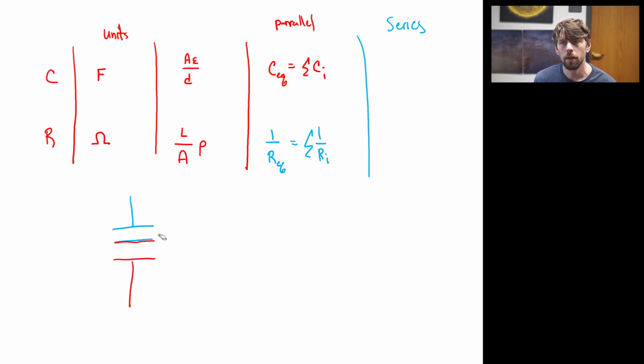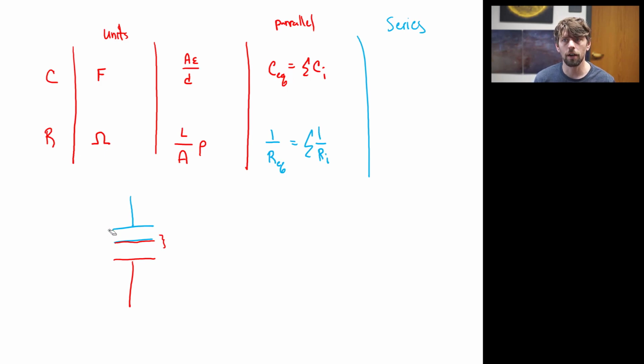There we go. But of course, what we do know is that the charge on the bottom plate of the top capacitor is exactly equal to the charge on the top plate of the bottom capacitor. And so if these two plates are perfectly on top of each other, it's like they're not there at all. There's no charge, right? They perfectly cancel out.